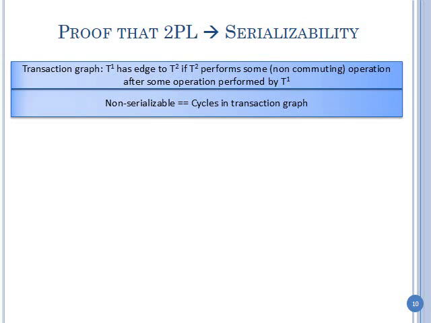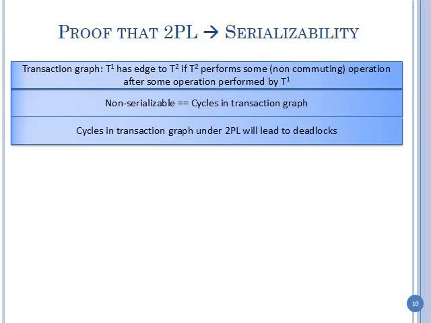So non-serializable definition is there are cycles in the transaction graph. And we are claiming cycles in the transaction graph under 2PL will lead to deadlocks. Okay, so how would you prove this? Obviously, I'm going to do it in one slide, so it's not really a proof. But please use some intuition.